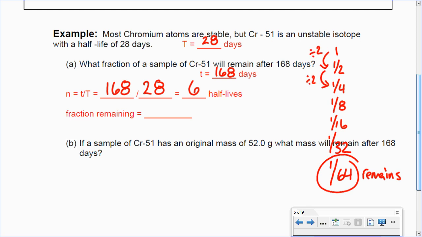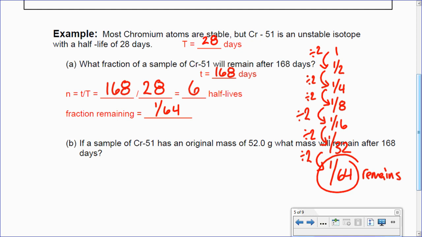All I did was divide by 2, divide by 2, divide by 2 for each half-life as we went, and counted the number of steps, 1, 2, 3, 4, 5, 6 total half-lives. 1/64th of the original sample remains.